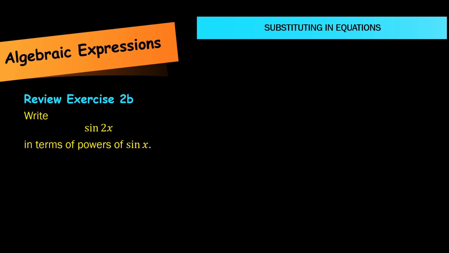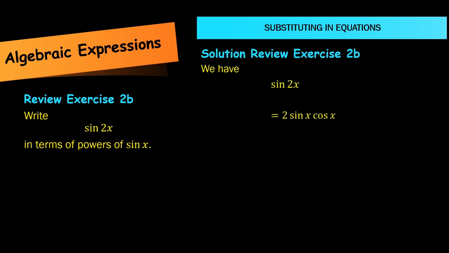Now for part B. We are required to write sine 2x in terms of powers of sine x. So let's solve this. Using the double angle formula for sine, we have that sine 2x equals 2 sine x cos x.